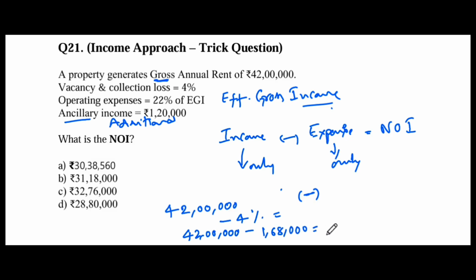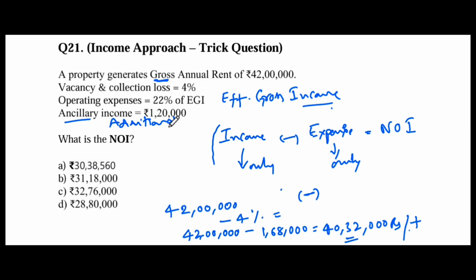That means 40 lakhs 32,000 is the amount we received after vacancy loss, not the net operating income. Okay. So now we are on the income concept only. Don't get in a hurry and go to the expenses. Now add more income. We already got an income factor also here.